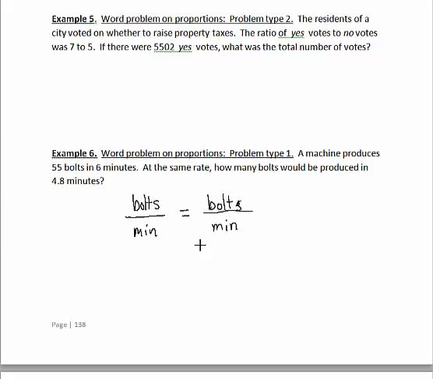Now, we're told what the machine produces. It says 55 bolts, so 55 goes on top, and that happens in 6 minutes, so we place 6 minutes on the bottom.